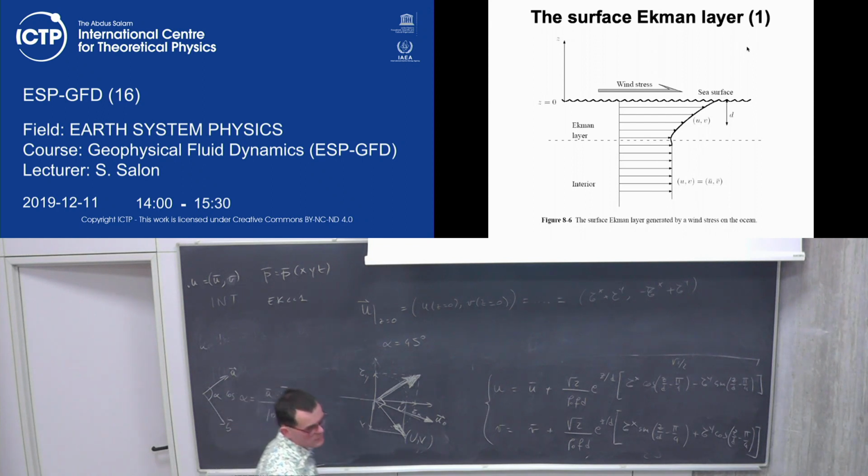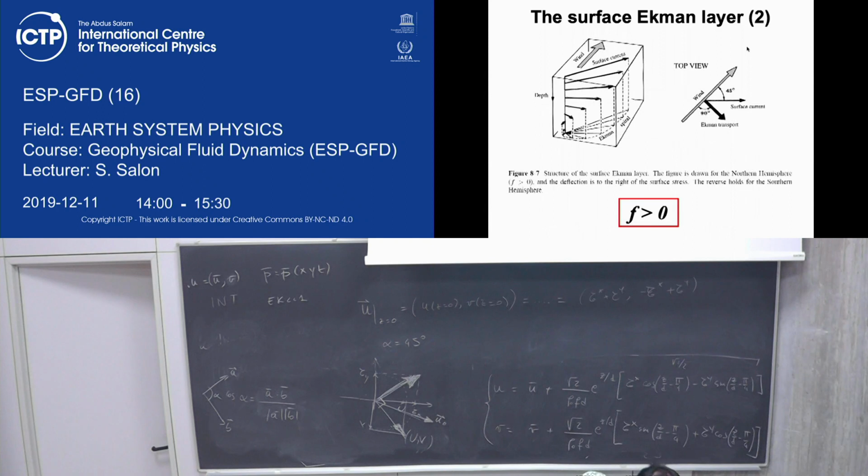So at the end, what we obtain is a picture like this, where we have the wind stress blowing this direction, the surface current, which is at 45 degrees with respect to the wind, and the Ekman transport, which is at 90 degrees with respect to the wind, always in the northern hemisphere. Okay?